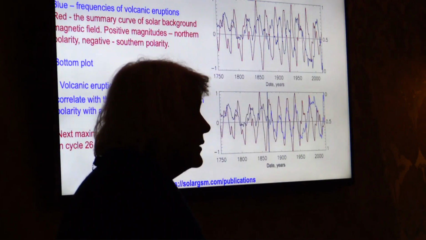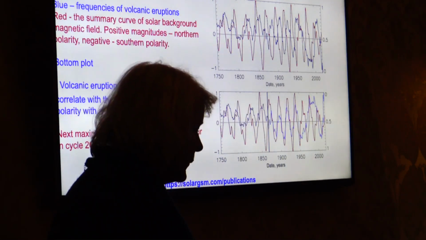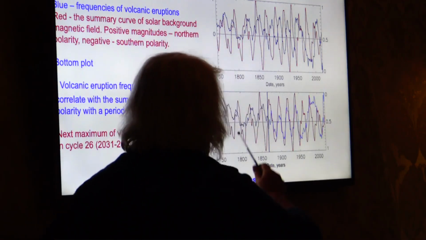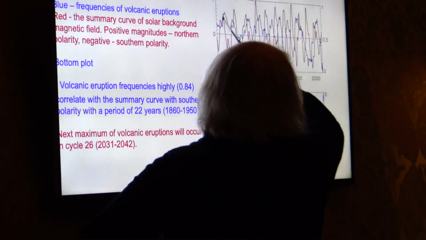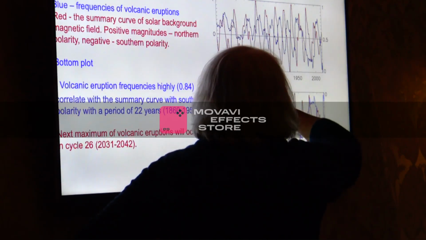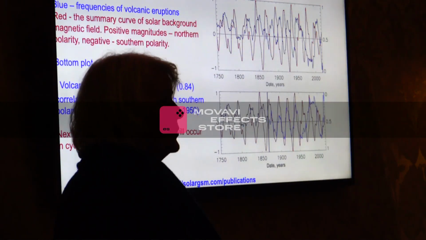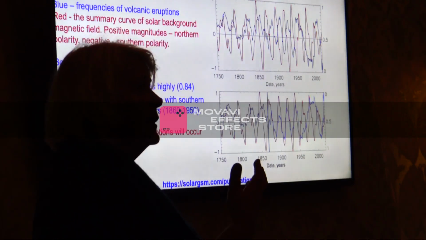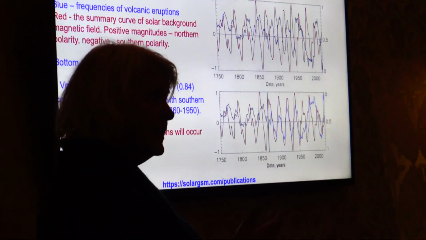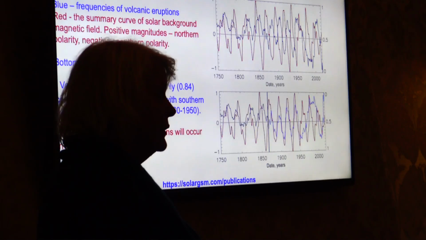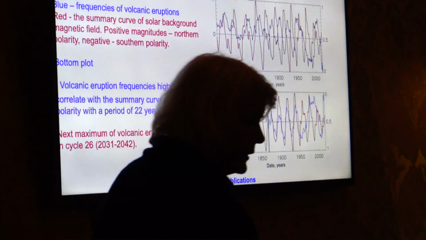We published a paper with Elena, with Irina Vasilieva, and we showed that volcanic eruptions, shown by the black line, and red is our background magnetic field. They show that if the leading polarity in the background field is southern, you have a maximum of volcanic eruptions.